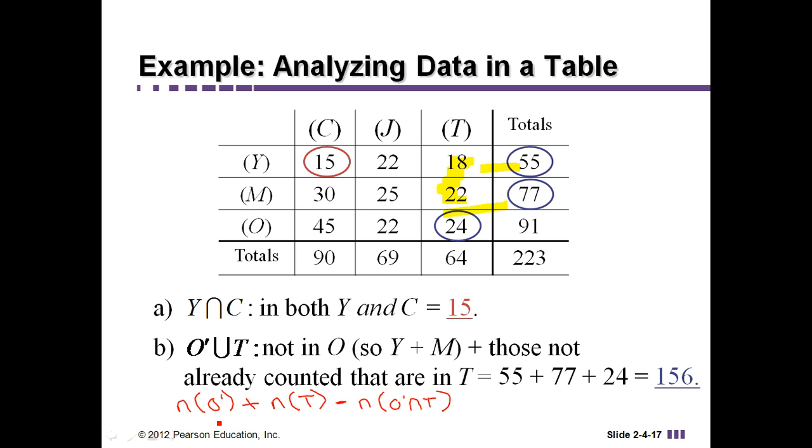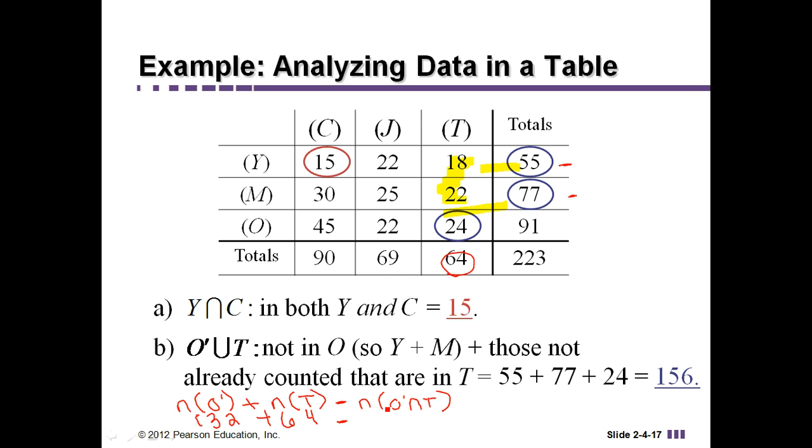The cardinal value of the complement would be 132, because I would take the 55 and the 77 and add those together. The cardinal value of T is 64, and I got that from right here.